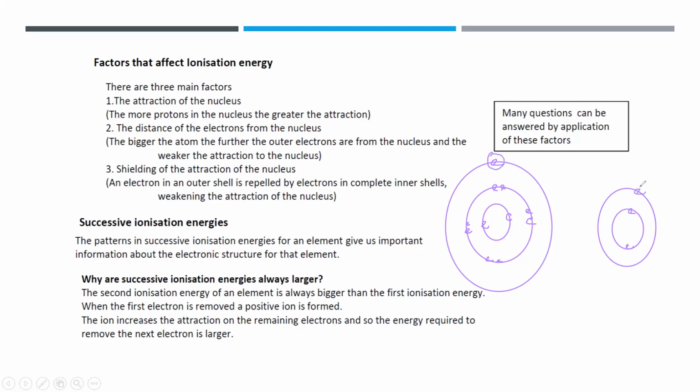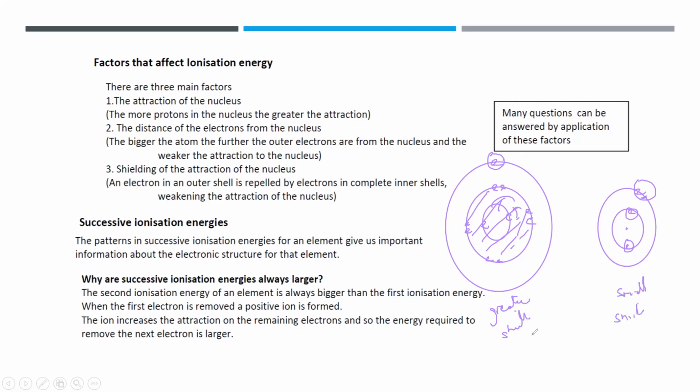When we compare which one has a greater shielding effect, you can clearly see that for this electron, only 2 electrons are in the inner shell, so it will experience more force from the nucleus. But for the other one, there are many electrons near the nucleus, around the nucleus. So this electron will not experience the greater force from the nucleus. So this will have a greater shielding effect, and this will have a small shielding effect.